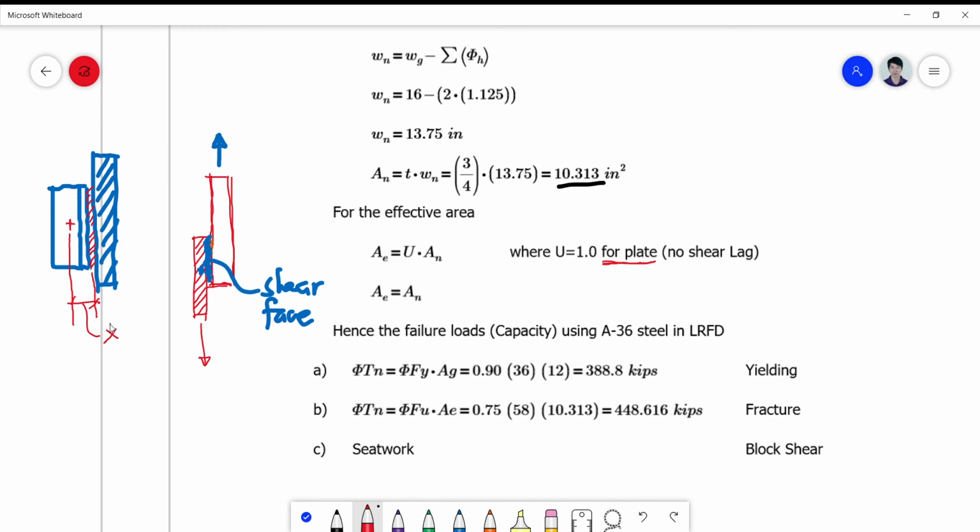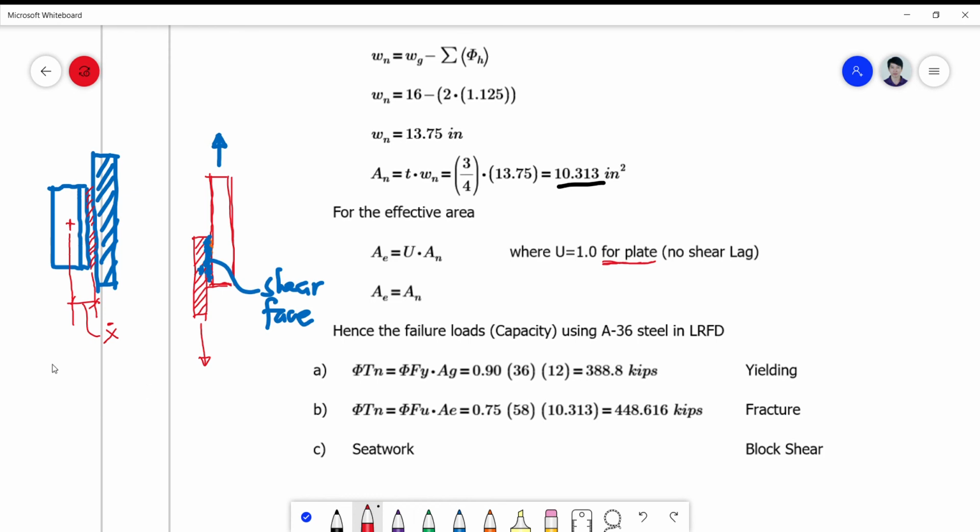If this x is considerable, then the shear force along the area of this angle bar will no longer be uniform. That's why that area is reduced to an effective area equivalent to Ae.